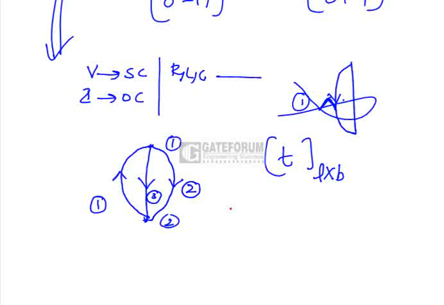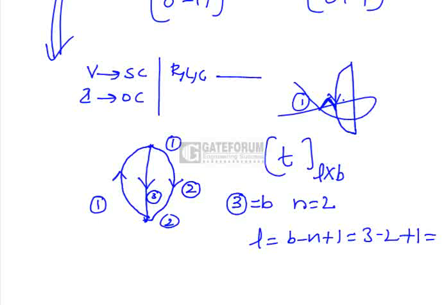If you see here, there are 3 branches, so B is equal to 3. The number of nodes is equal to 2. Now the number of links L is equal to B minus N plus 1. So this is 3 minus 2 plus 1, which is equal to 2. So the tie-set matrix is a 2 by 3 matrix.